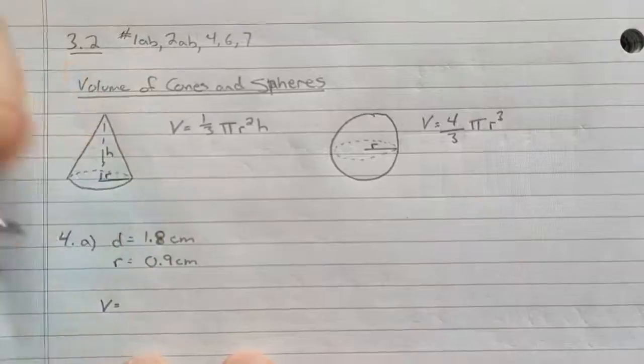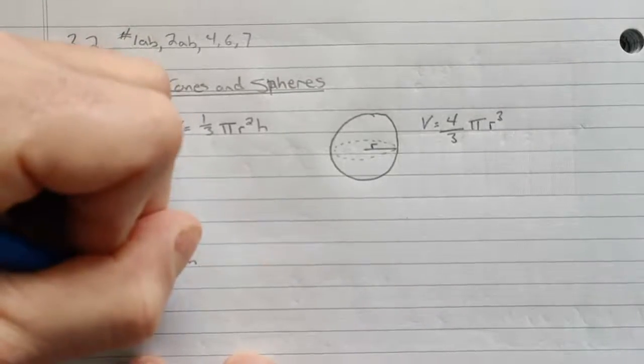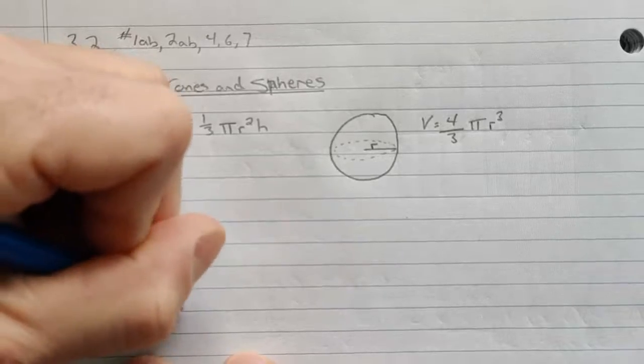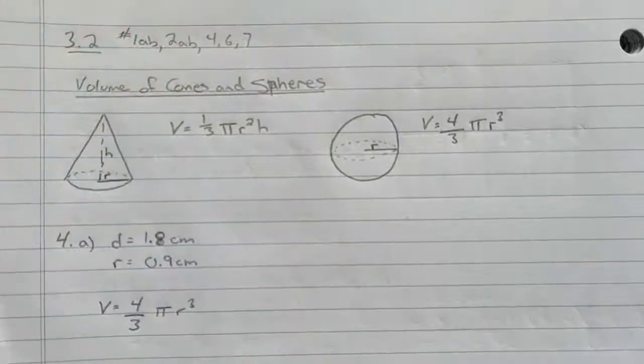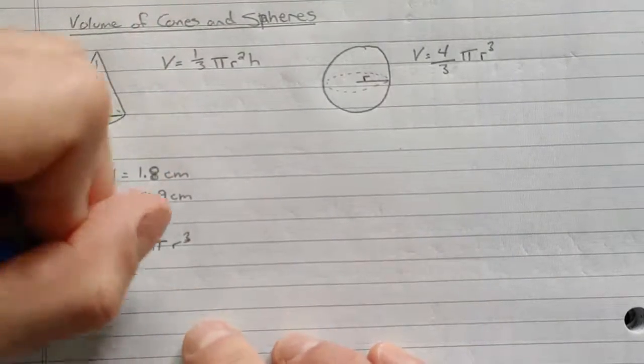So let's take that down and actually calculate the volume now. So volume of a sphere is 4 over 3 times pi times r cubed. So we'll fill that in with their values.